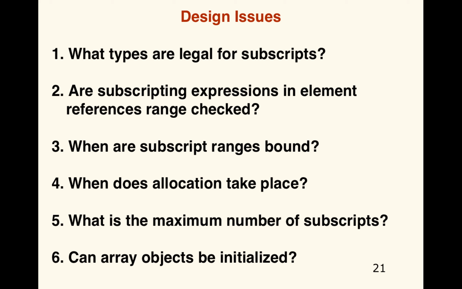Well, some languages like Python have more than just the list. The array actually isn't a primitive in Python. It's in a separate library you have to add in. The list is a primitive, which is weird. The dictionary is a primitive. But we can stick any types we want. I'm talking about number 1 up here, what types are legal for the subscripts. We can mix and match and put any type we want in the list or in the array.